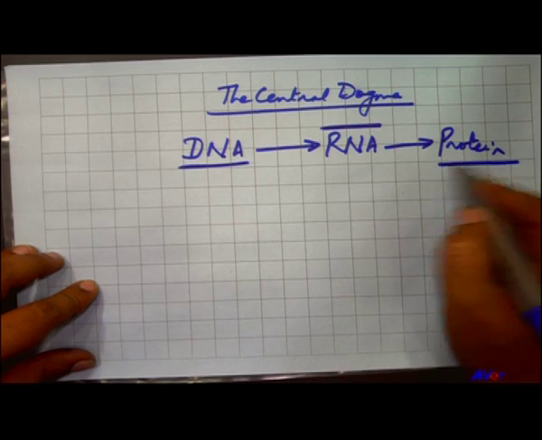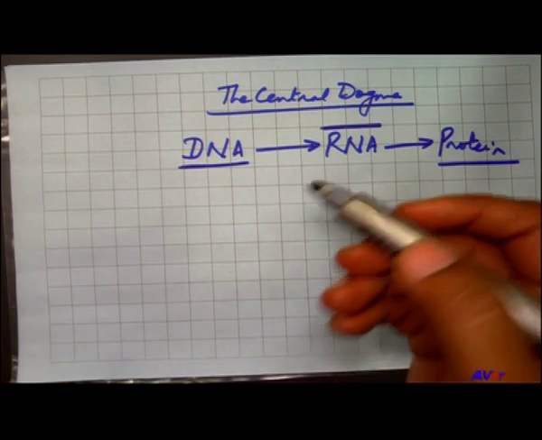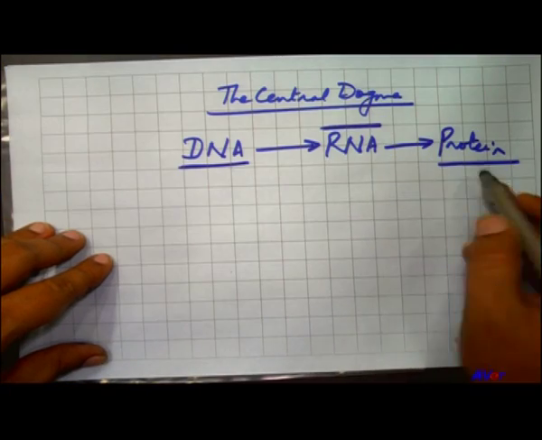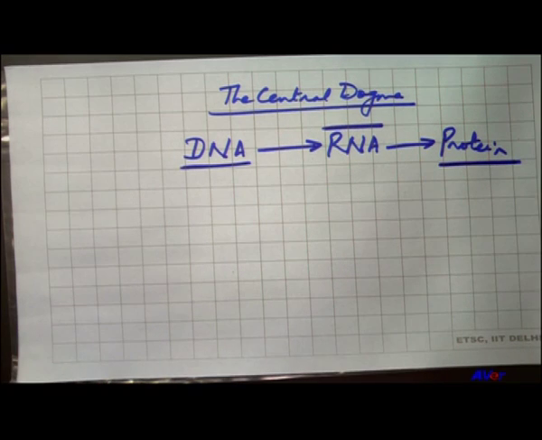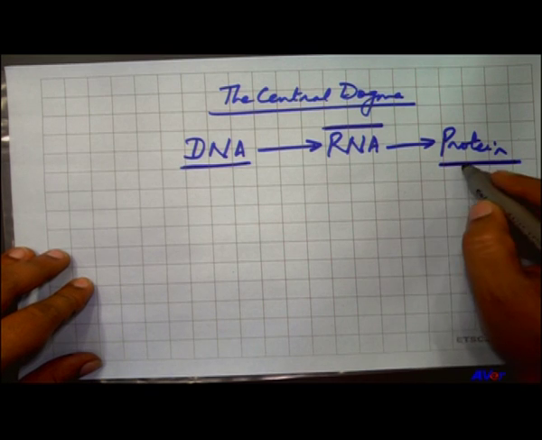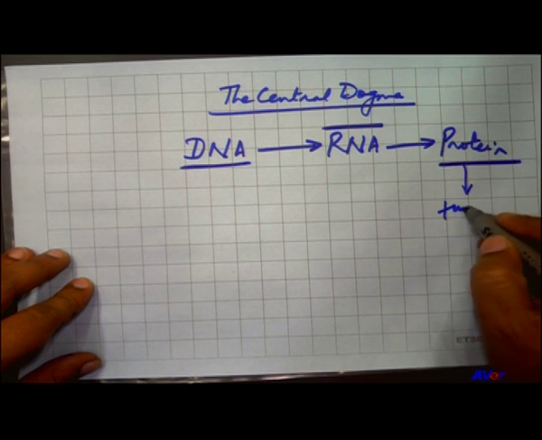This RNA, this code reader, after the code has been read, is now converted chemically through a process, which you will learn in your subsequent specific chapters, into a protein. This protein leads to a function.